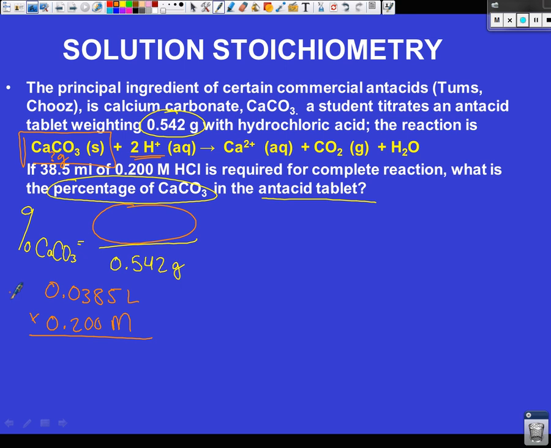Moles. That's my number of moles. That's my moles of hydrochloric acid. All right. Anybody got that? 0.0077, is it 0? Okay. Moles. So I'm going to rewrite this. Give me a second. I'll get out of your way. So 0.00770 moles of HCl.